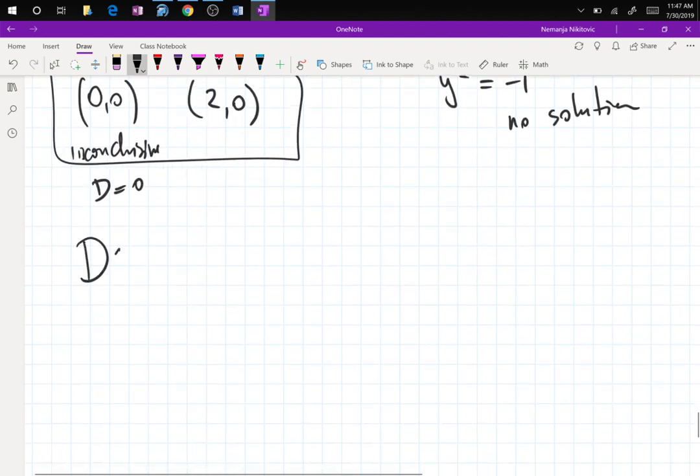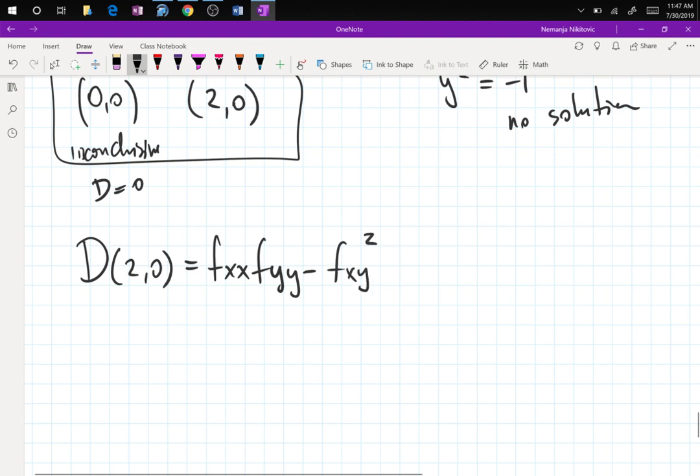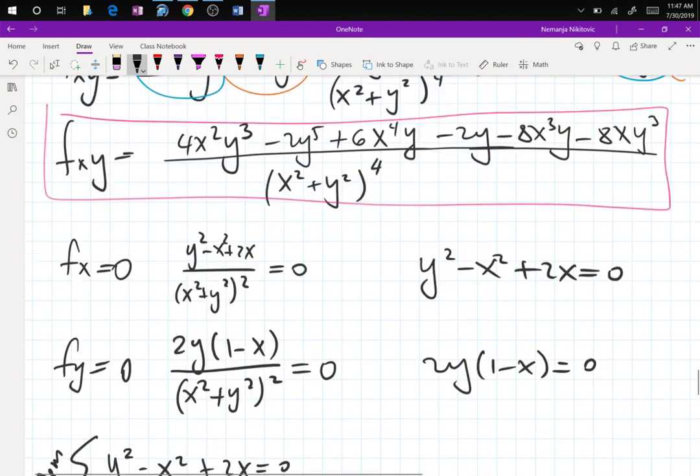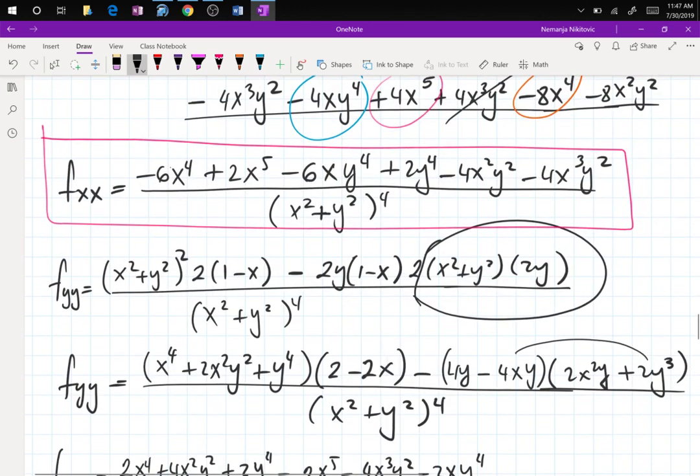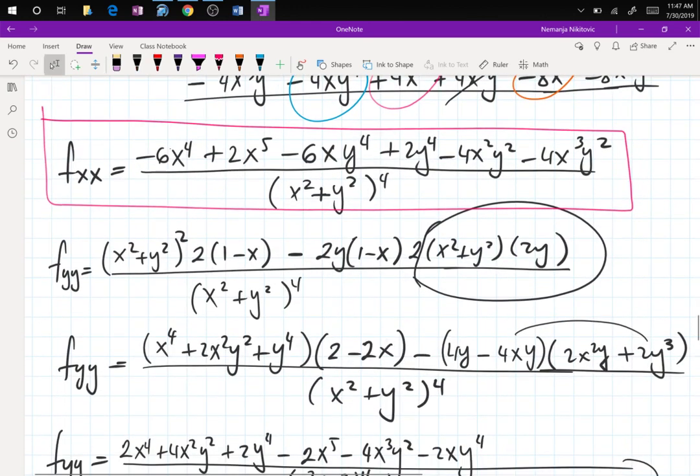So my d for (2, 0) is going to be fxx fyy minus fxy squared. And I only get to keep the terms that have x's in them, because y equaling 0 will immediately kill that term. So fxx, let's go. What do we have? We have these two terms.